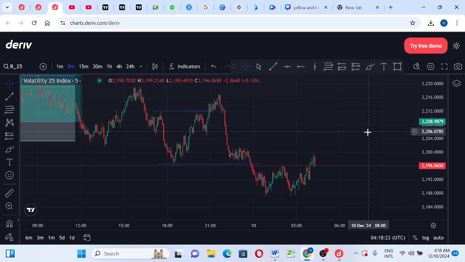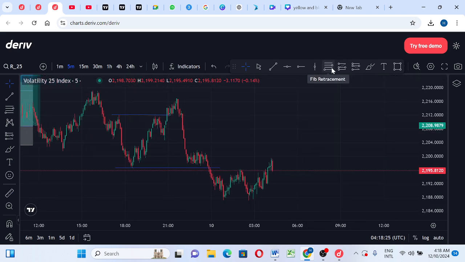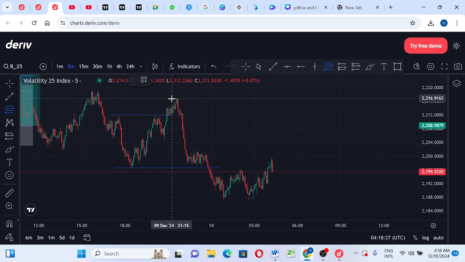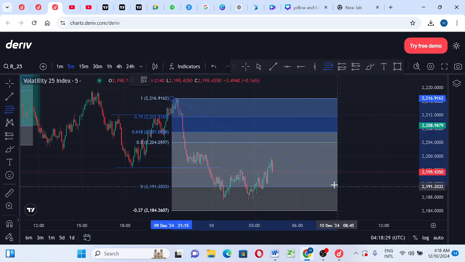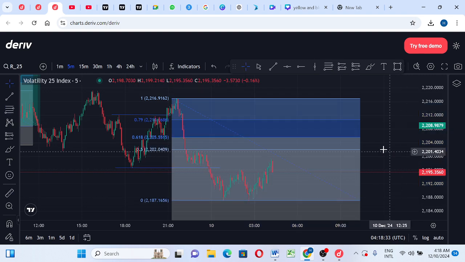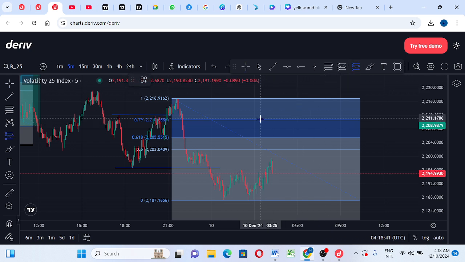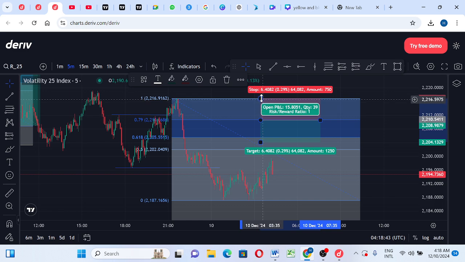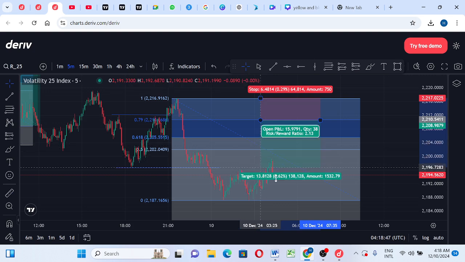So that being the case, what am I saying? I can now mark my fib from the swing low to the swing high, and since price has actually been respecting 0.618, I'll simply tell you to get a good entry, a wonderful entry, just wait for price to get into the 0.618 level, put your stop loss here, and then your take profit should be here.